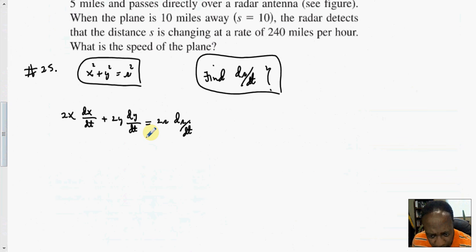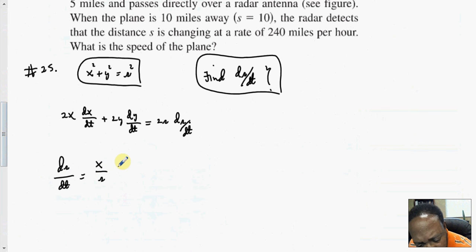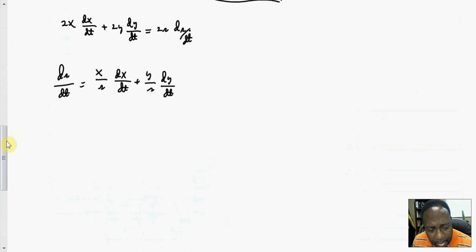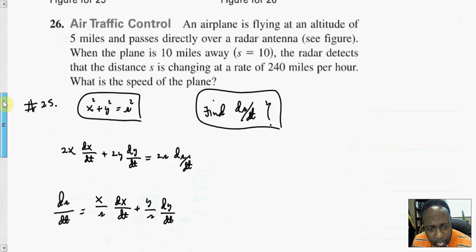Divide through by the 2 and also divide through by the s, and we can get the ds over dt by itself. So this is x over s times dx over dt plus y over s times dy over dt. Now the s can be calculated by using Pythagoras.